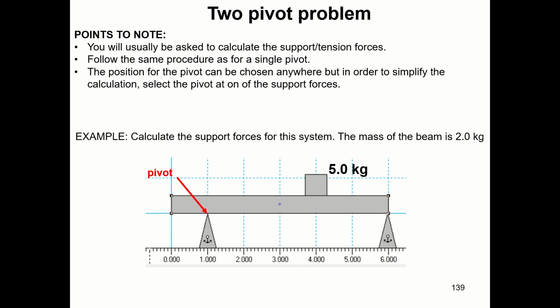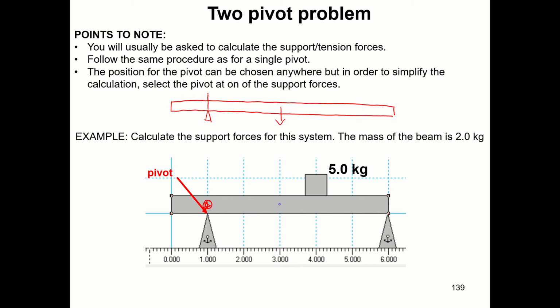So the first thing we need to do is, okay, if this is going to be the pivot, we can just mark that in there. This whole problem will make a lot more sense if you imagine the whole thing is just a seesaw like before, and we've got the weight of the beam trying to pull the seesaw that way.